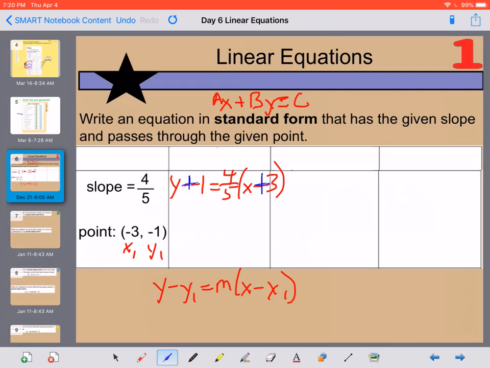So now I would distribute the 4/5. So we get y plus 1 equals 4/5 x. Now 4/5 times 3, that's going to be 12/5. Then we have to subtract 1.